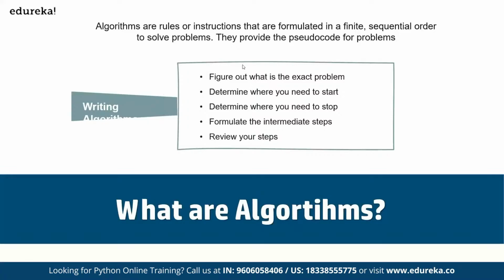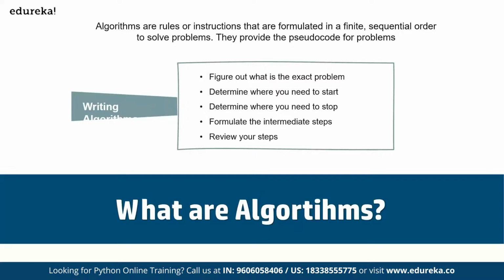And if we talk about the algorithm structure, again, it has to be the most efficient logic, and algorithms basically give the pseudocode for problems, which can then be implemented in several languages as they are not language specific. So here we have to figure out the problem first. What exactly is our problem?